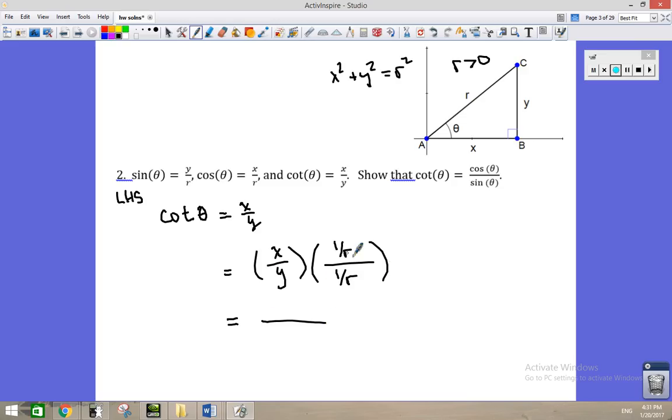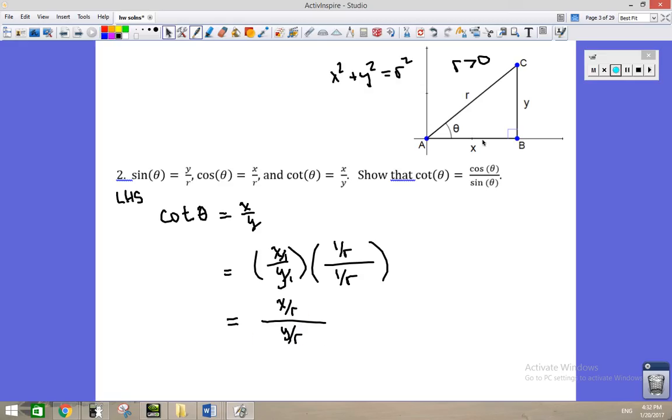When I multiply these numerators together, I get x divided by r, because I can treat this x as x over 1, I can treat this y as y over 1, and now I have complex fractions within fractions, but when you multiply, you just multiply the numerators together and you multiply the denominators together. So if I do that here with the x over 1 and 1 over r, I get x over r, and here, if I take y over 1 and multiply it by 1 over r, I get y over r.